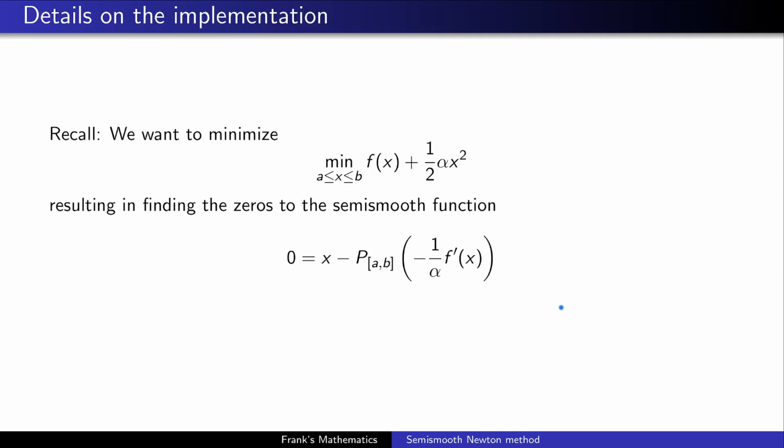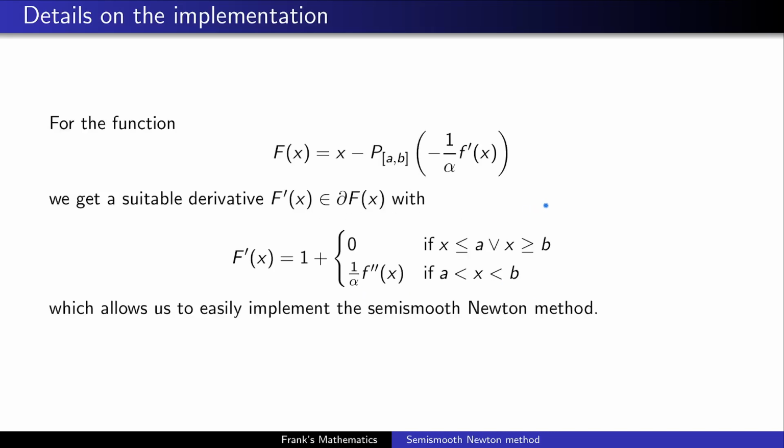So all we have to do now is to find a suitable element from the generalized gradient for this combined function here. But this is quite easy because, well, just do the calculations. We know that a suitable element from the subgradient or from the generalized gradient looks like this. If we are at a point x equal a or x equal b, we just set it to be 0.